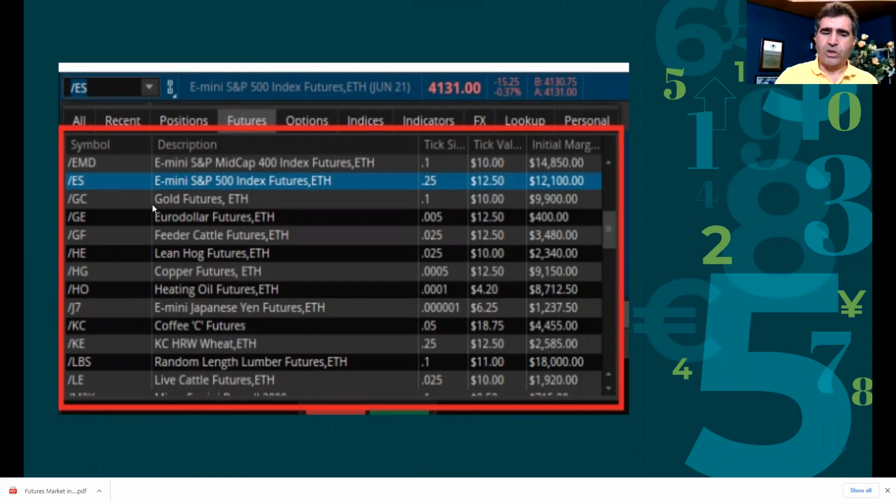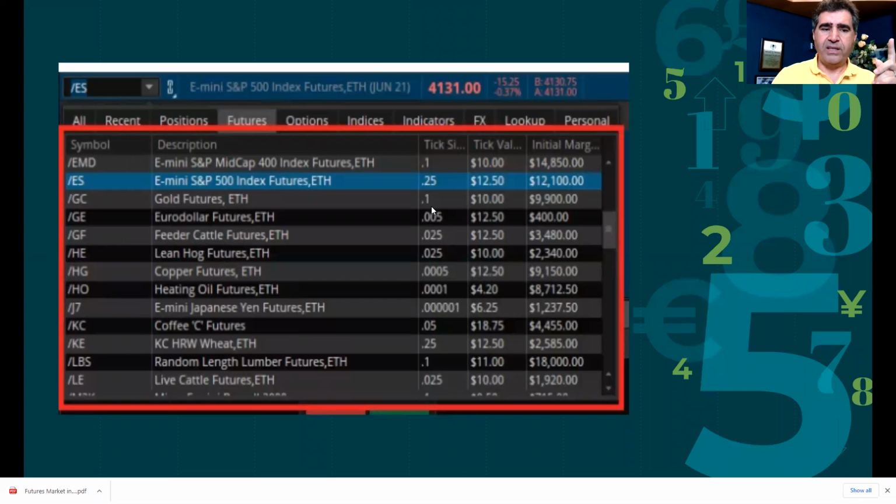And let's say you want to do gold. As far as the price of gold, let's say it's $1,832.20. So it moves in dimes, or 10 cents at a time, $0.1. So every 0.1 it moves, you make $10. $1 is 10 times 0.1.